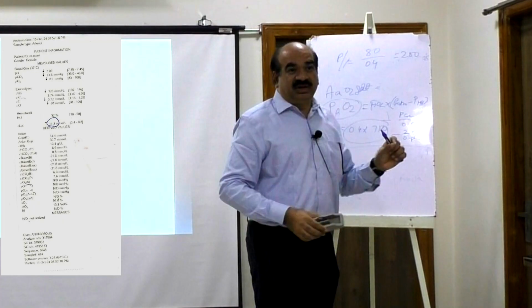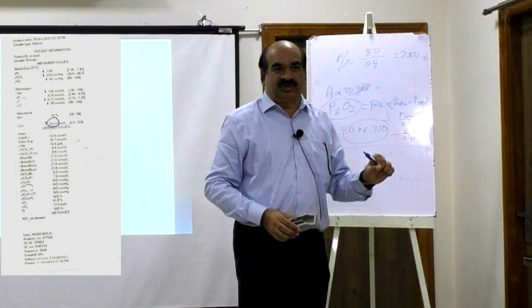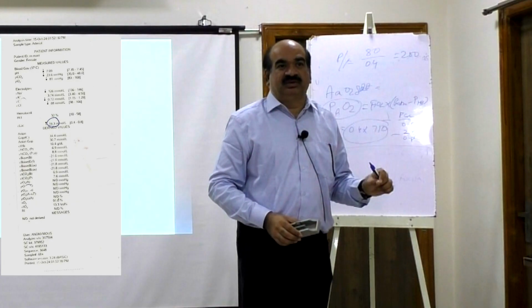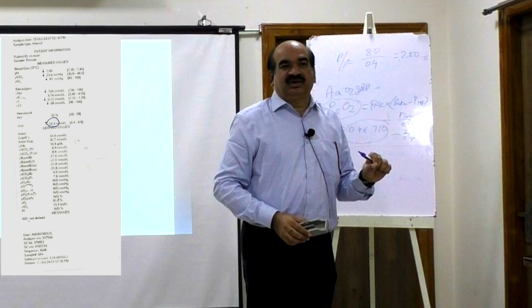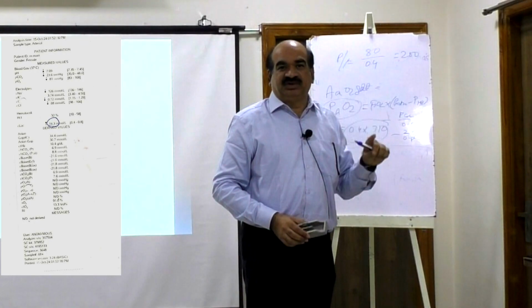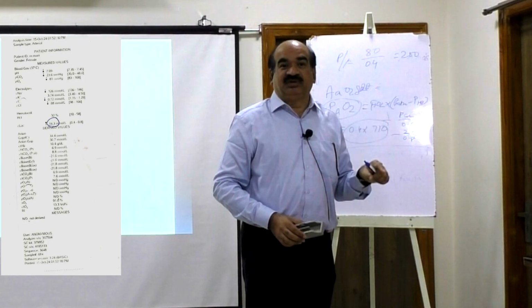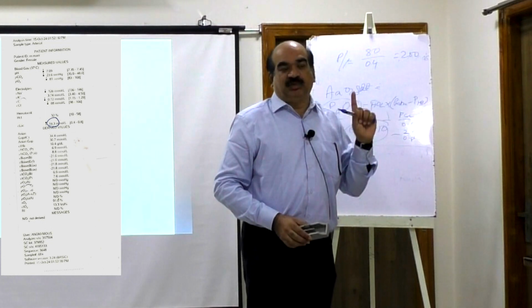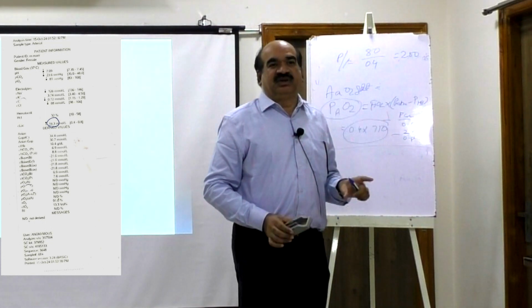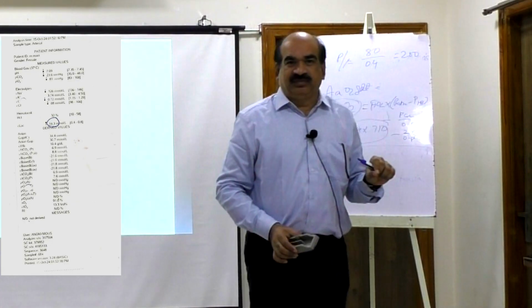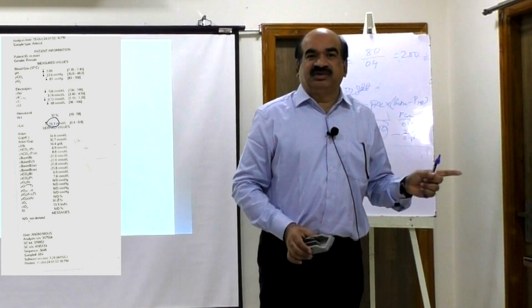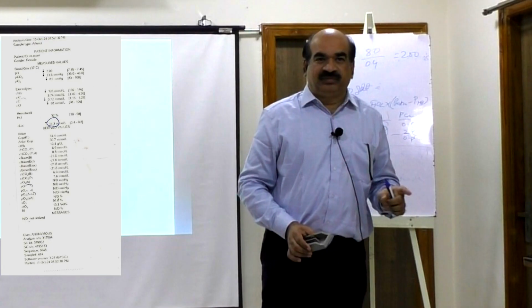If PaO2 is low and the gradient is normal, the causes are central hypoventilation or neuromuscular weakness. These two are the important causes. If the gradient is normal, in all other causes the gradient will be abnormal.